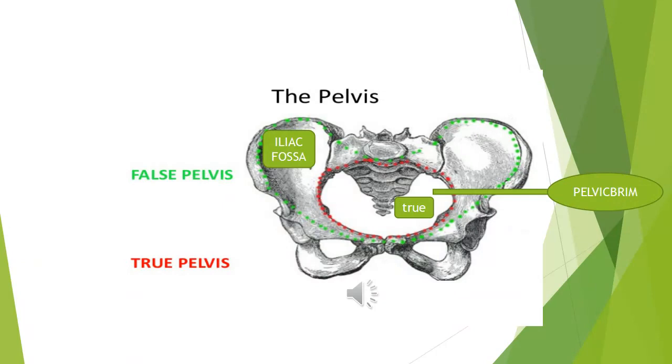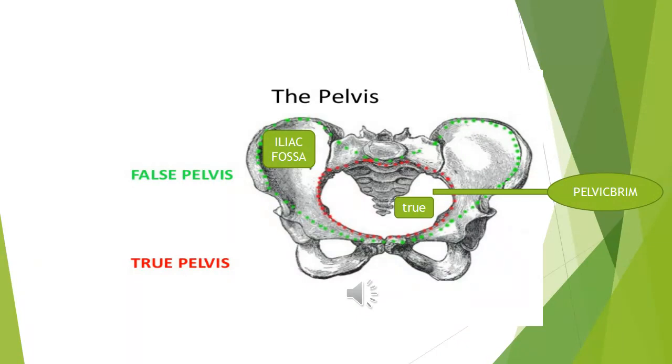The pelvis is divided by the plane of the pelvic inlet, or pelvic brim, or superior aperture of the pelvis, into two parts. The upper part is known as the greater or false pelvis, and the lower part is known as the lesser or true pelvis.